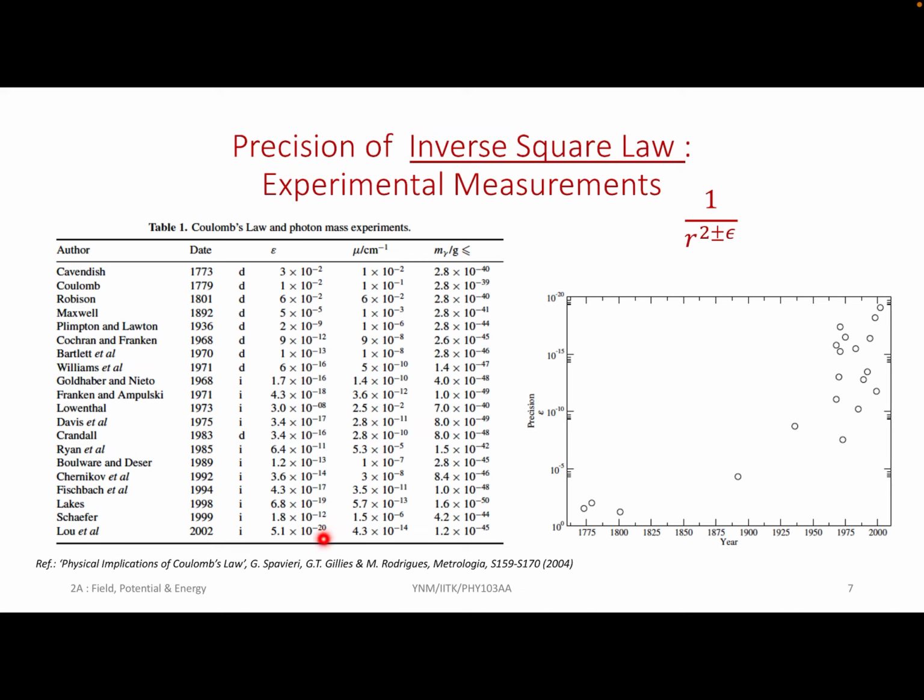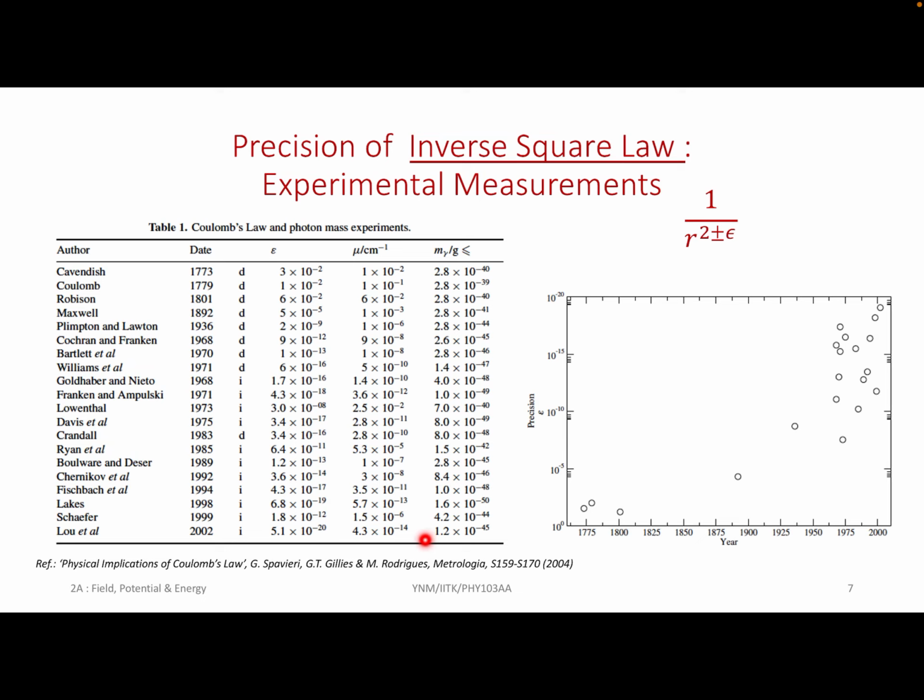And this measurement has implications for the possible mass of the photon. We consider the photon to be massless, okay? But depending on this epsilon, we can say what could be the maximum mass of a photon if the photon has any mass at all.